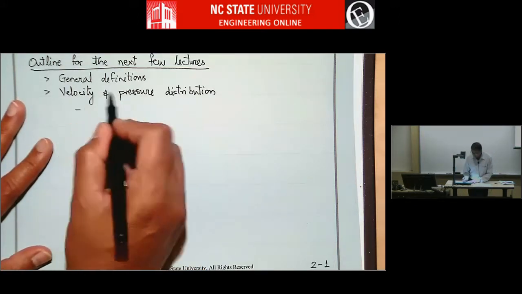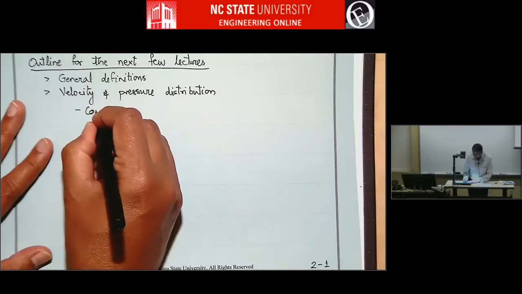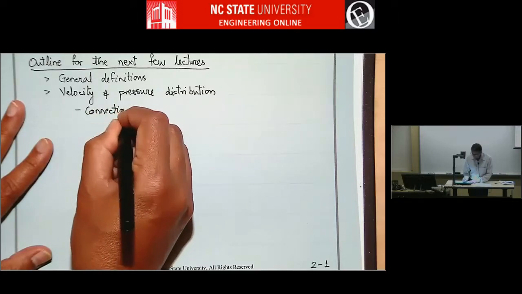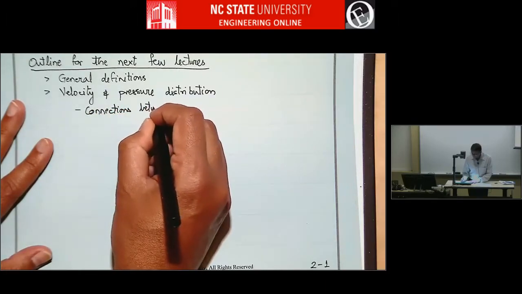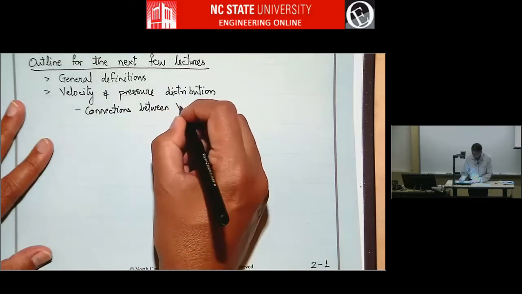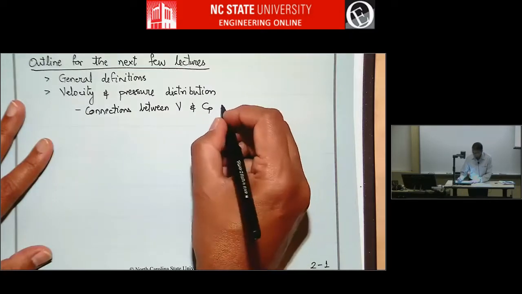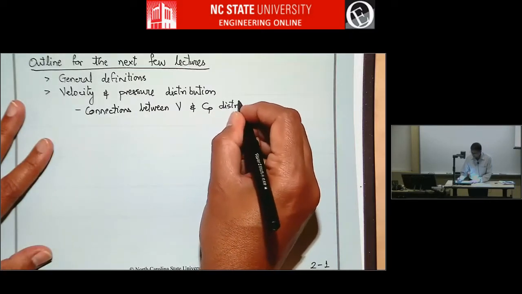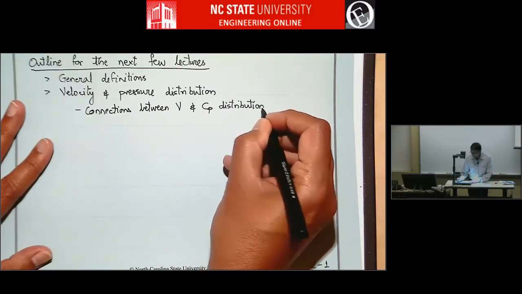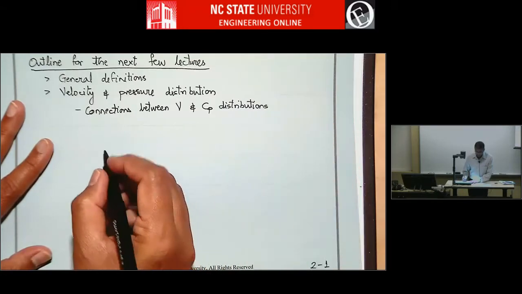So what are these two? There are two of them, right? So we'll talk about connections between velocity and CP. CP is the coefficient of pressure distribution. They are both interrelated.